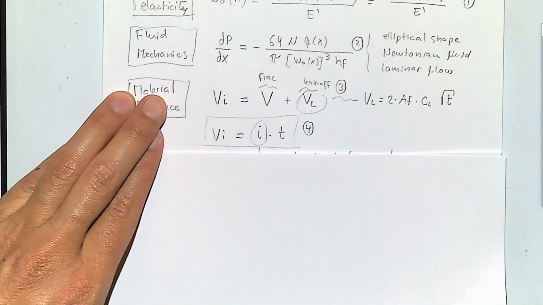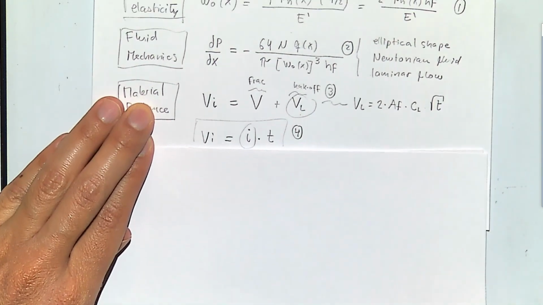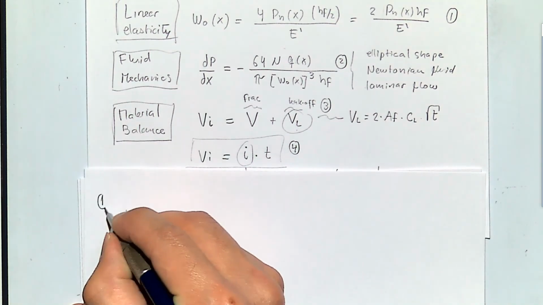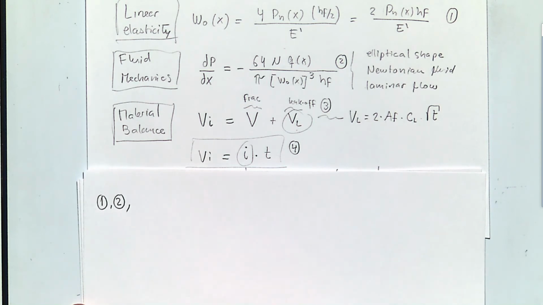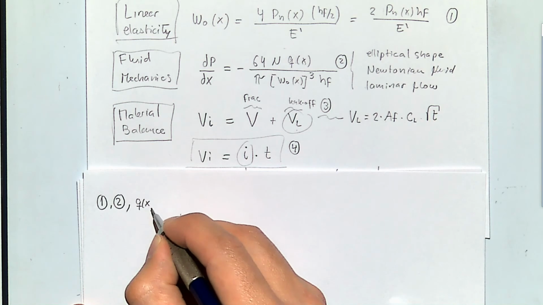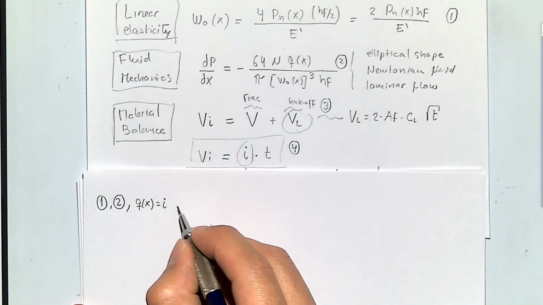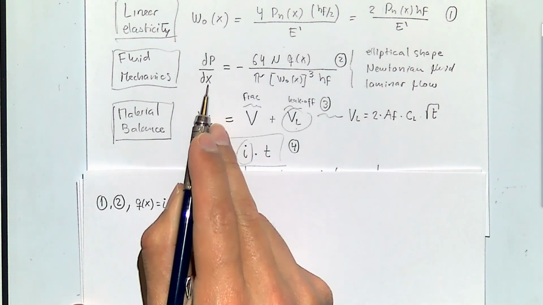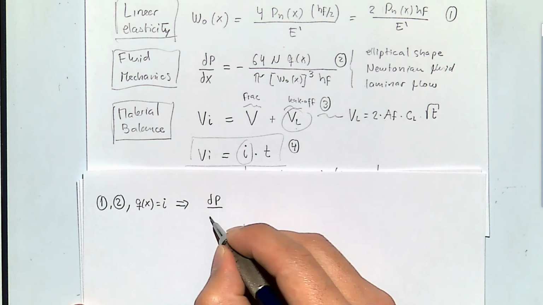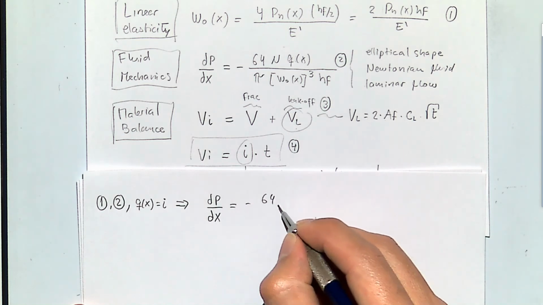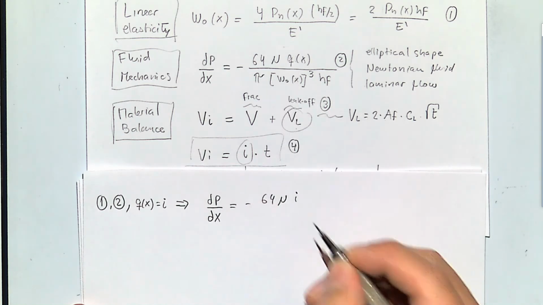So if I take equation number 1, equation number 2, and I say that the flow rate in the fracture is equal to the injection rate, which I'm going to assume constant, for one wing, then this equation dp/dx, variation of pressure along the fracture, is going to be this, but now instead of qx, I can put injection rate.